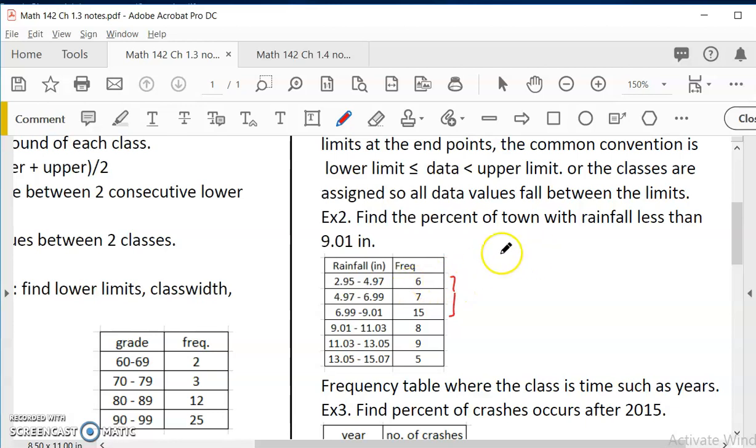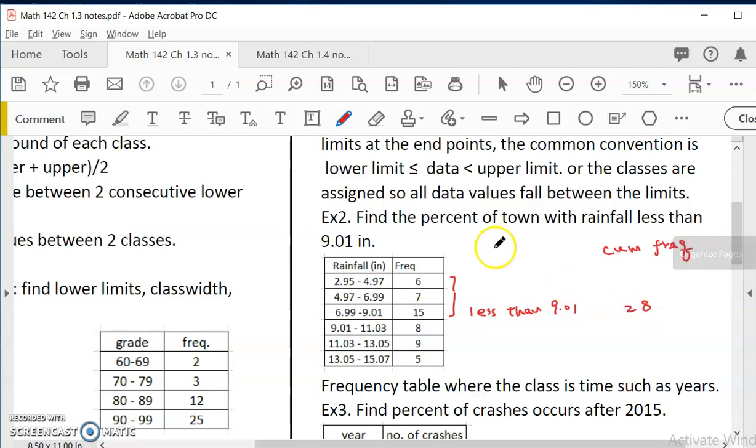You will see that if I have a cumulative frequency table, I would be able to do that. I would look at less than 9.01 and have a cumulative frequency here. That is how a cumulative frequency is very helpful for you. In this case, I would just do 6 plus 7 plus 15, and that's 28, right?